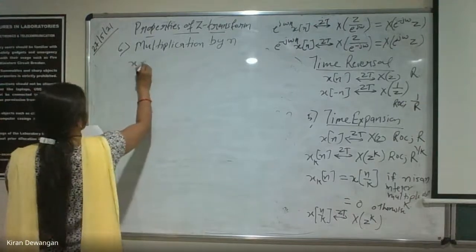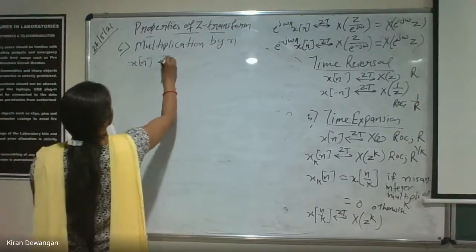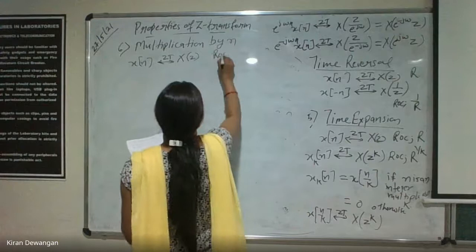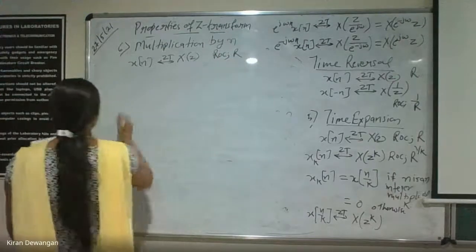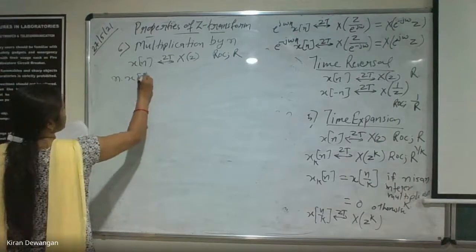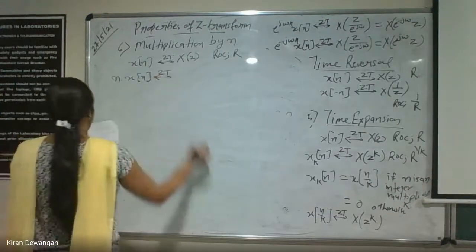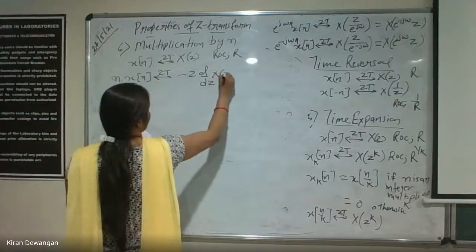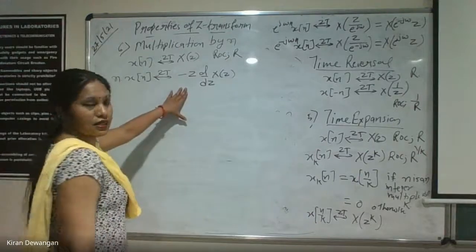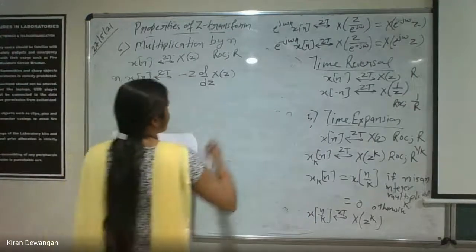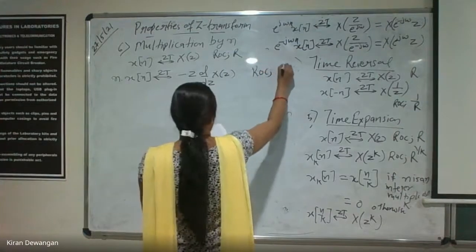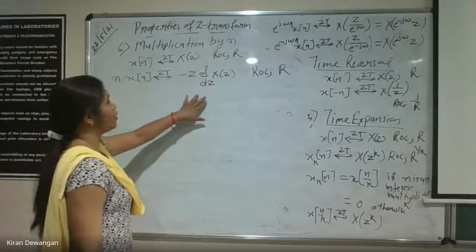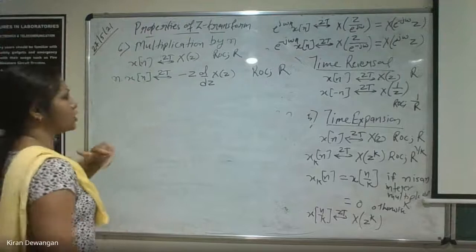Now if x of n has z transform x of z with ROC R, then if I am multiplying n to it, the z transform will be minus z into d by dz of x of z, and the ROC will remain R. This is what is called differentiation in z domain.